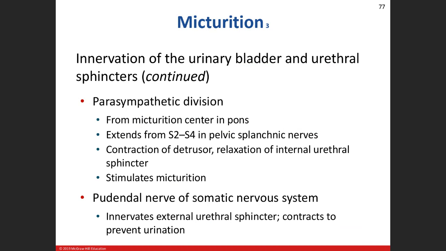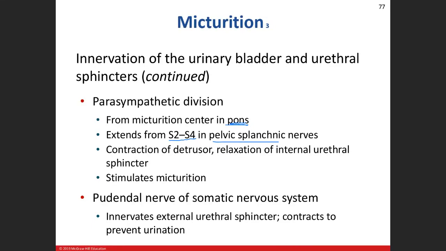The parasympathetic cell bodies are located in the pons, and we're going to utilize the pelvic splanchnic nerves. Those nerve roots come from S2 to S4, the distal or caudal portion of the craniosacral or parasympathetic division.